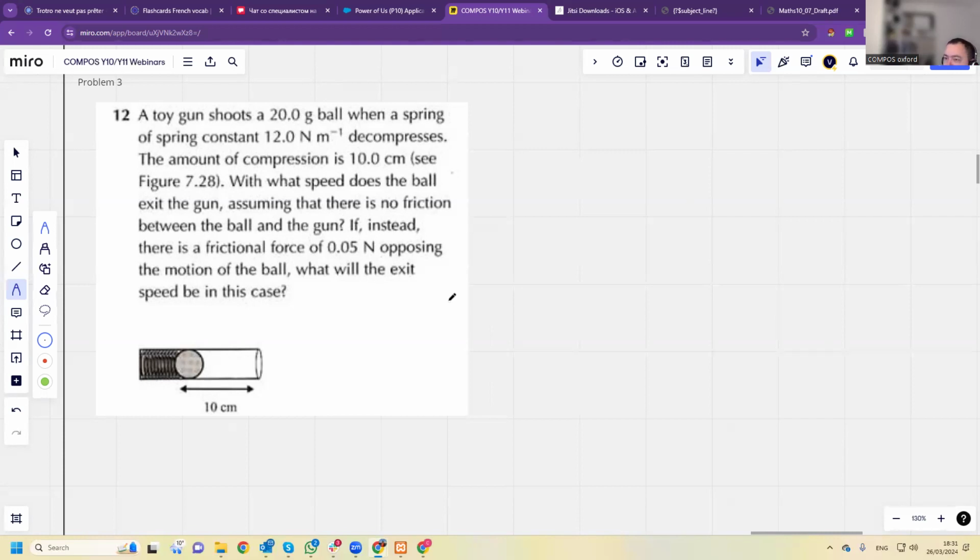Do you want to give it a go? Do you want to have a go yourself and try to solve it and write the answer in the chat? If you think you don't know how to do it, just let me know.